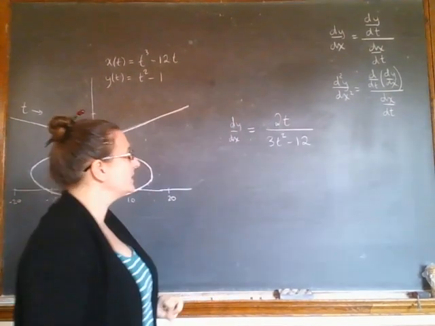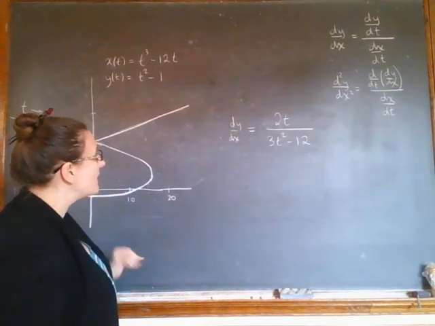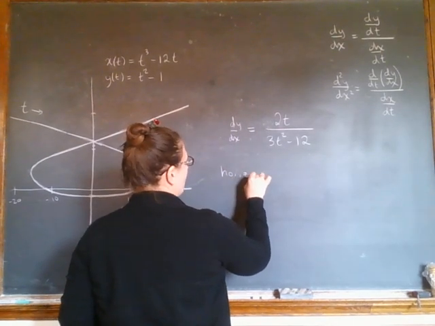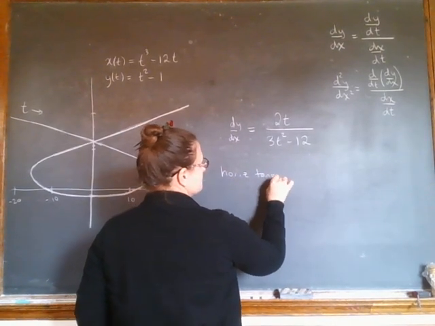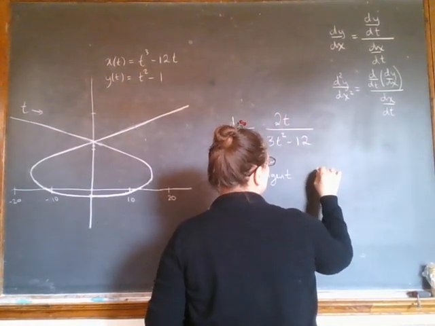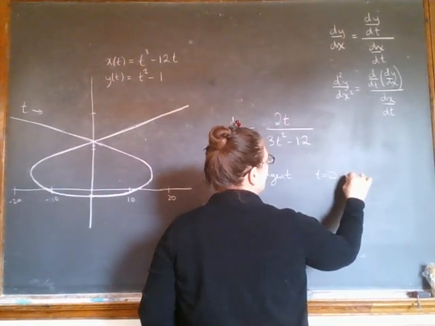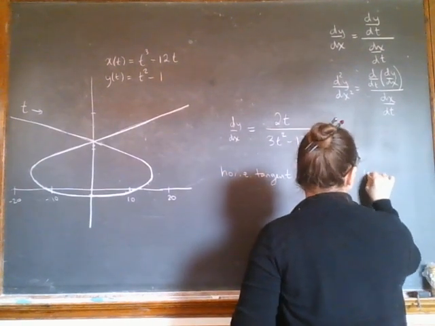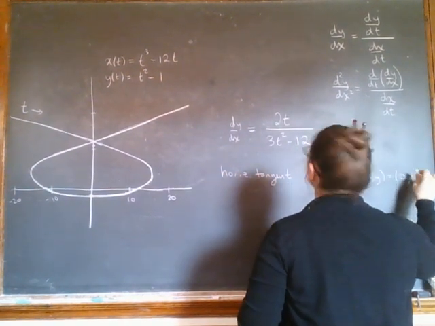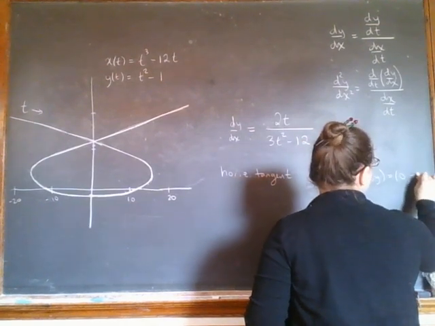Okay? So we can pretty clearly see that our horizontal tangent is going to be where that top is 0, so 2t equals 0, so t equals 0, which we just said has xy coordinates 0 and negative 1.